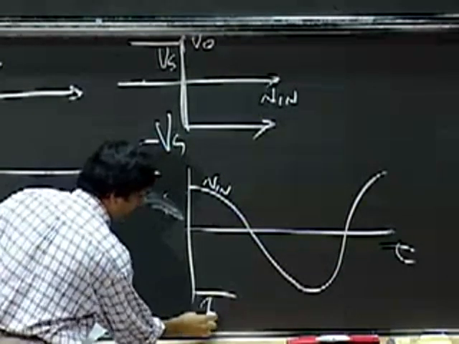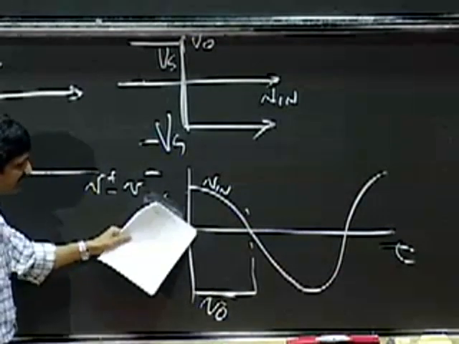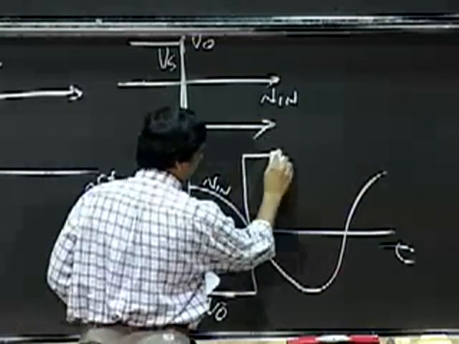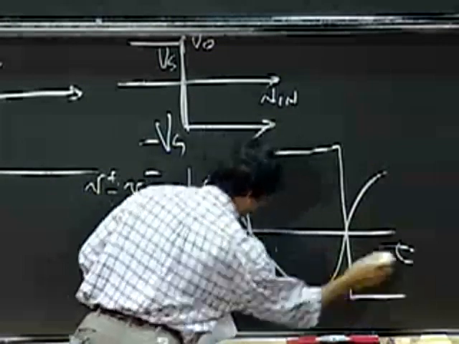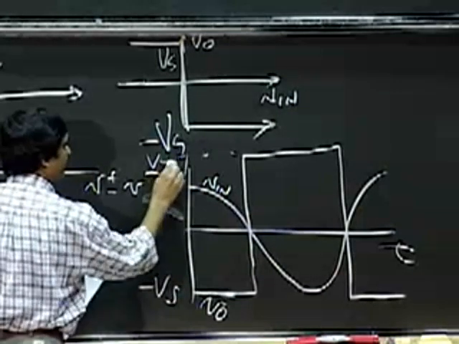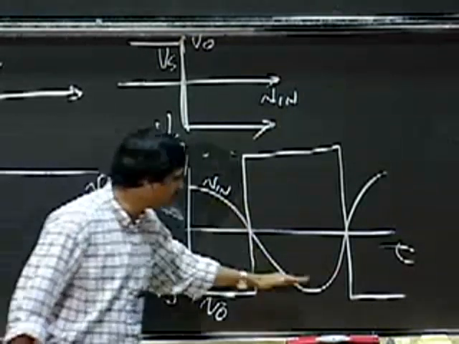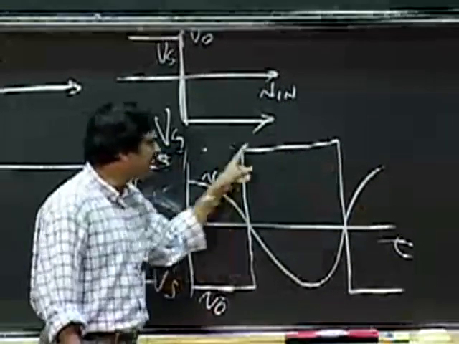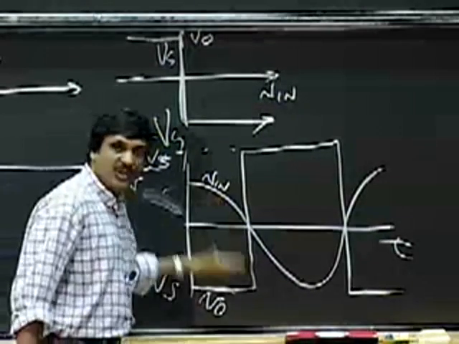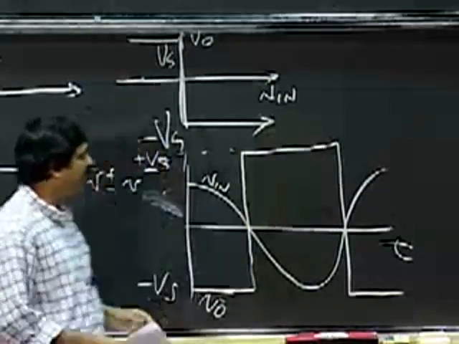So my output, V naught, is going to be negative as long as V in is positive. And when V in becomes negative, this one shoots up and behaves like this. So this is minus Vs, that's plus Vs. This is my input V in, and this guy is going to be my output. So as V in is positive, the output slams to the negative rail. When V in becomes negative, the output slams to the positive rail.